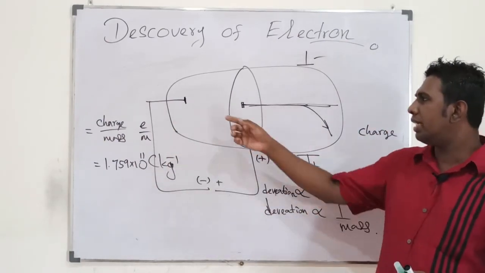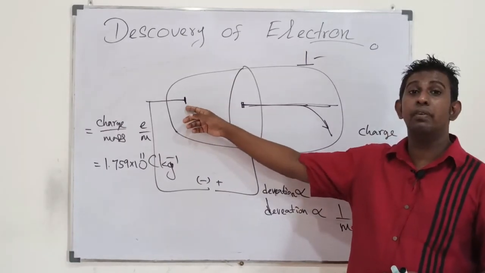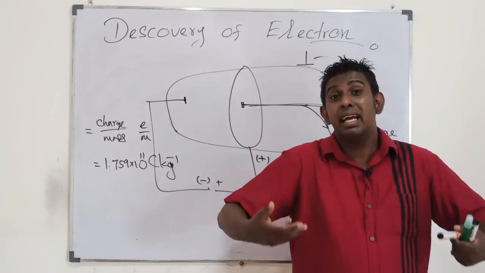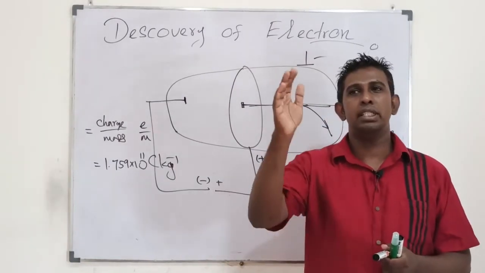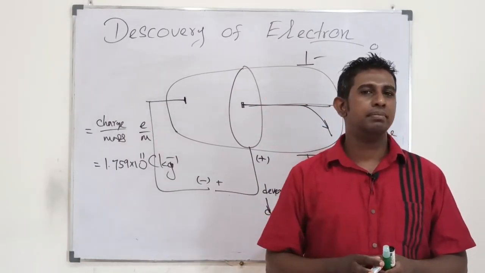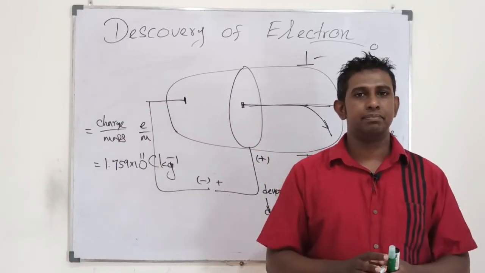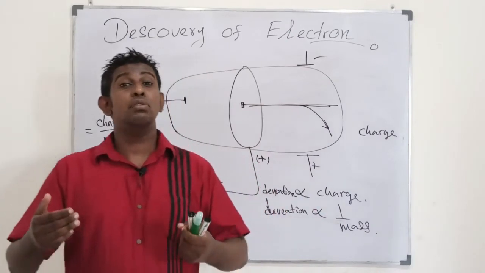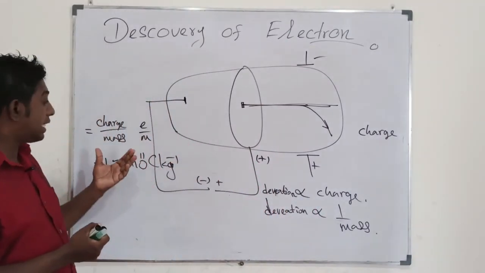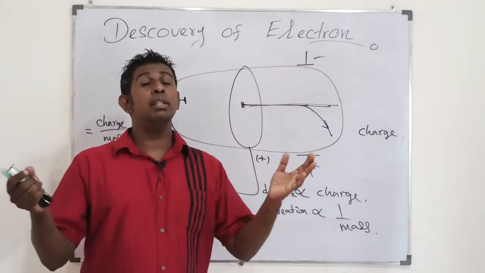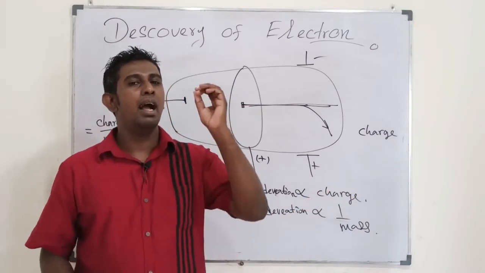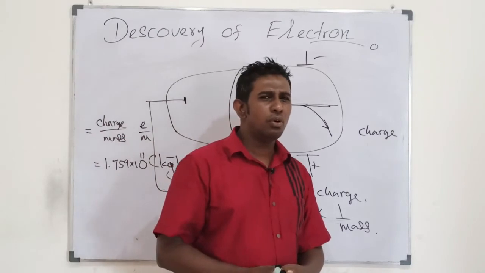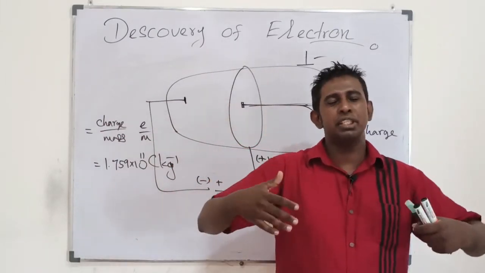Then he changed the type of metal of the cathode as well as the anode and checked whether there is any change in charge over mass ratio. Still it was the same. Then he realized, students, the charge over mass ratio is the same because all the cathode ray particles are identical, are the same.